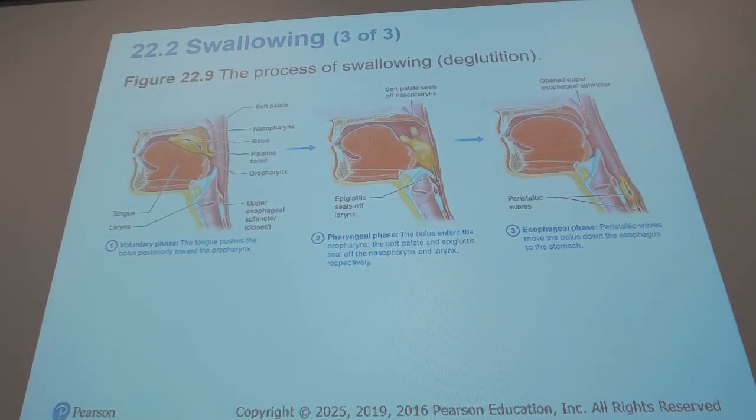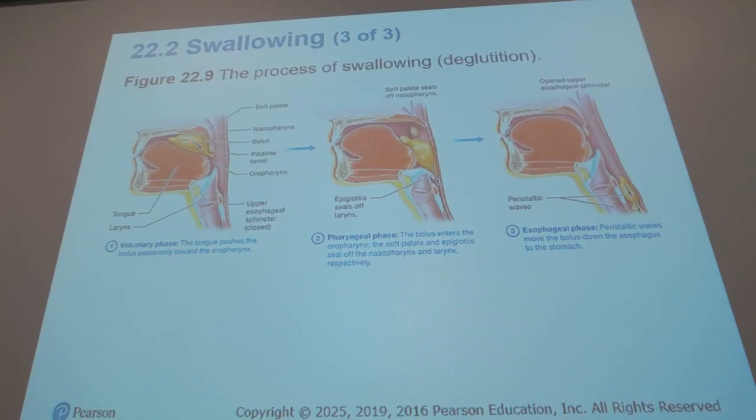And here's the view of the three phases of swallowing. So here we have the voluntary phase, in which you compress the food using your tongue against the hard and the soft palate, reaching the fauces, which is the opening of your oropharynx posteriorly.